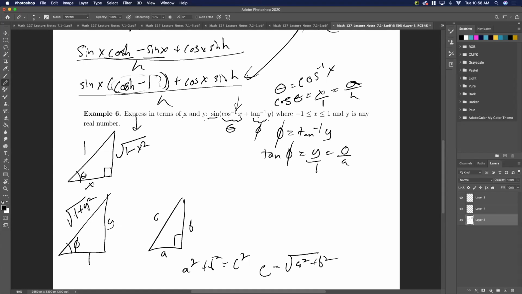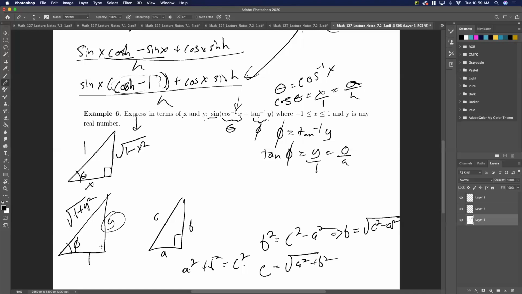And if I knew A and C, I could say B squared is equal to C squared minus A squared, which implies that B is equal to the positive square root of C squared minus A squared, because it doesn't make sense to have negative lengths on a triangle. So that's what I'm doing here.